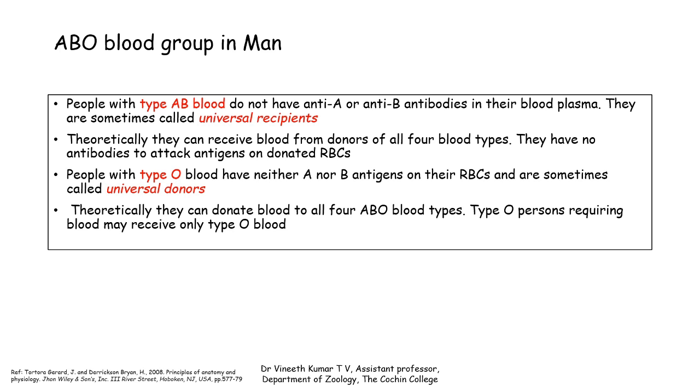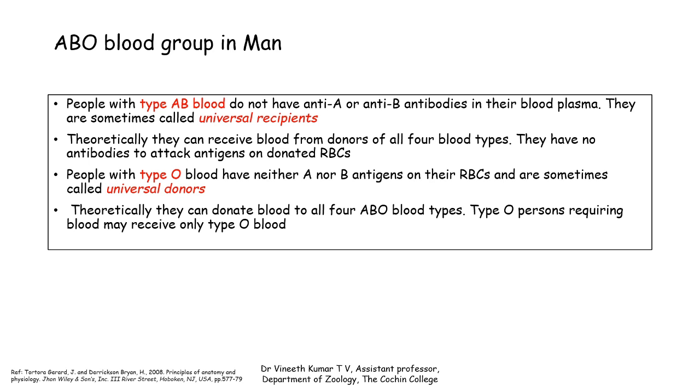There are other major criteria also to be followed. So even though you call them universal donor, universal recipient, that is just in theory. But for practical purposes, we also go for other major criteria during transfusion.